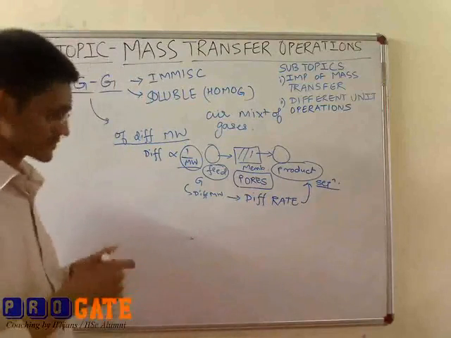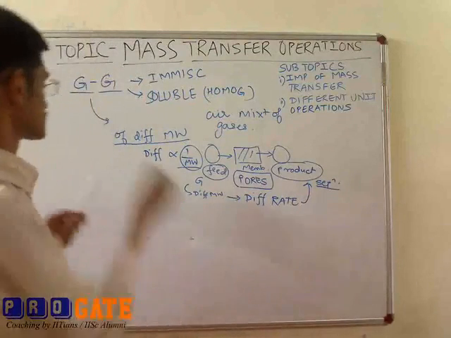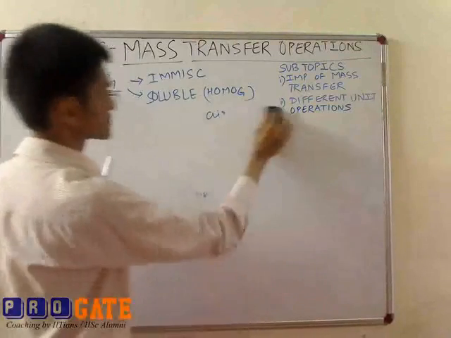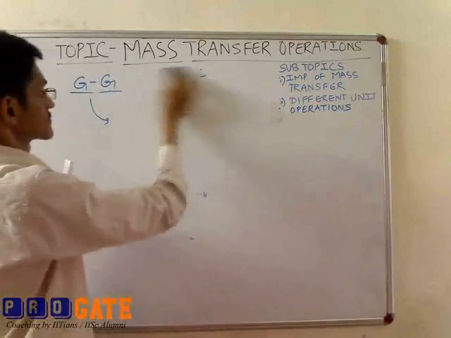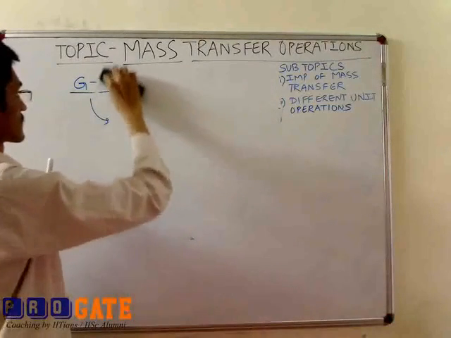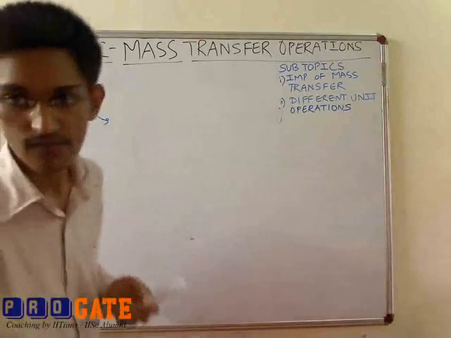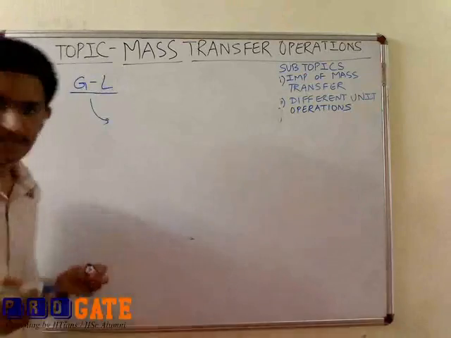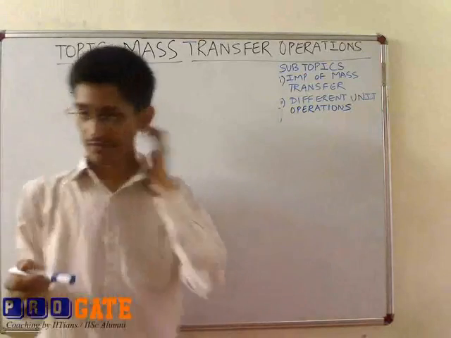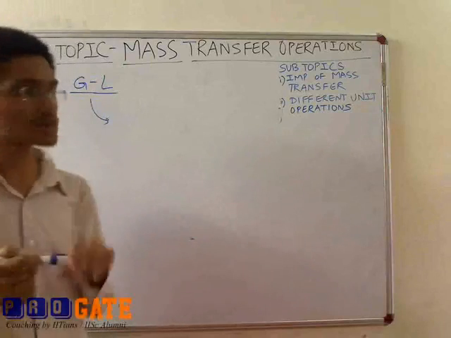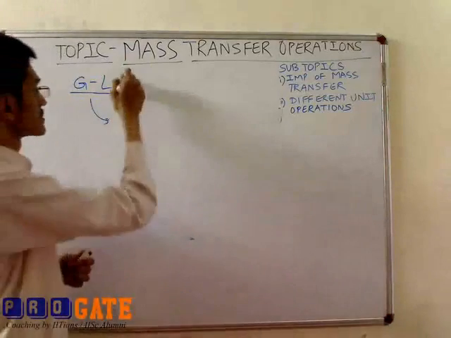Then we move forward, we go for gas and liquid mixture. For gas and liquid mixture, there is one phase which is in the gaseous phase and another phase which is liquid. So different unit operations can be characterized.